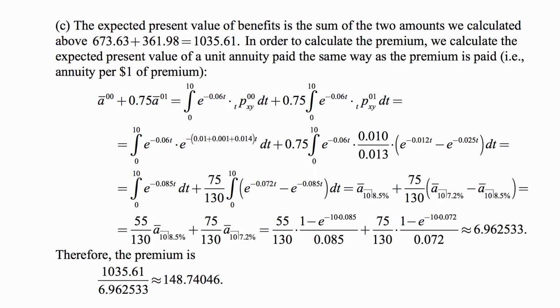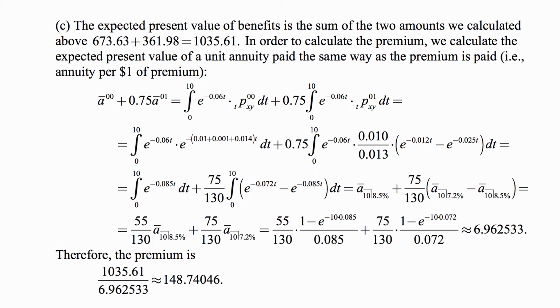Well, a bar 00 is the integral from 0 to 10 of e to the minus 0.06t times the probability of remaining in state 0 all the time, which is tp00, plus 0.75 times the integral from 0 to 10, a discount factor, times the probability of going from state 0 to state 1, dt.